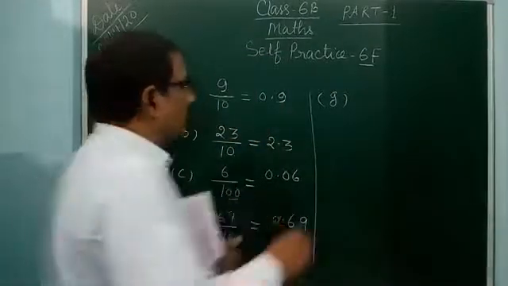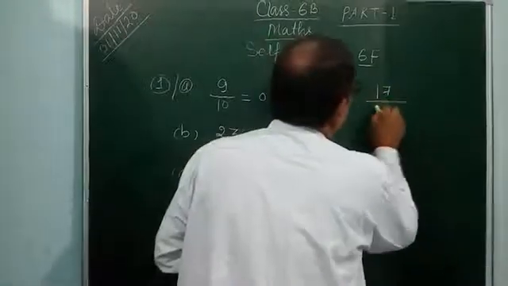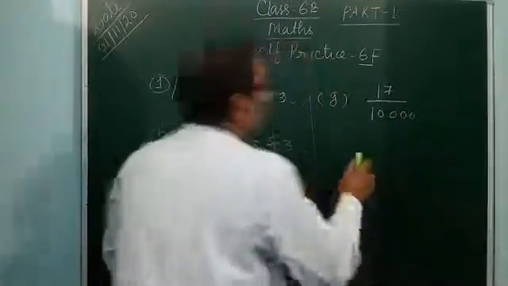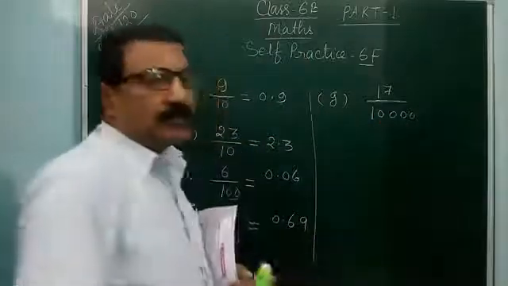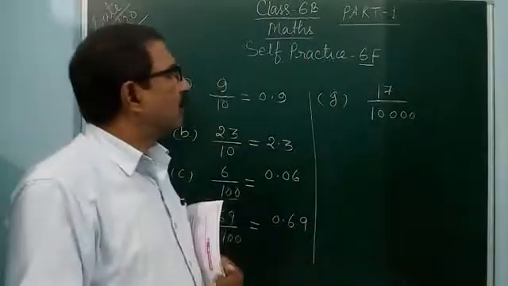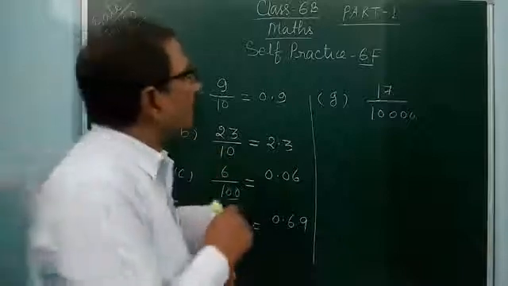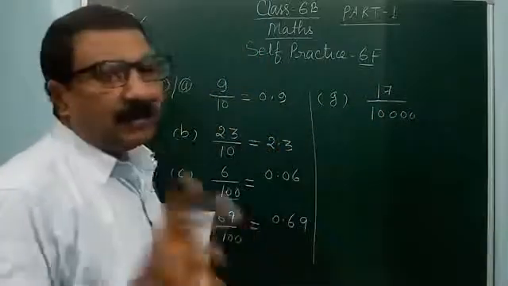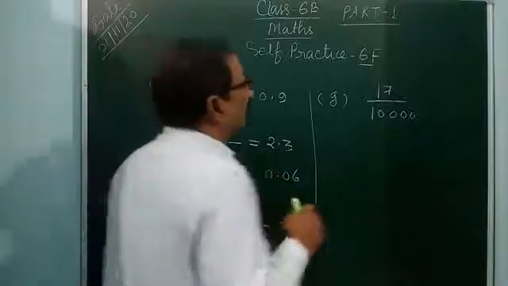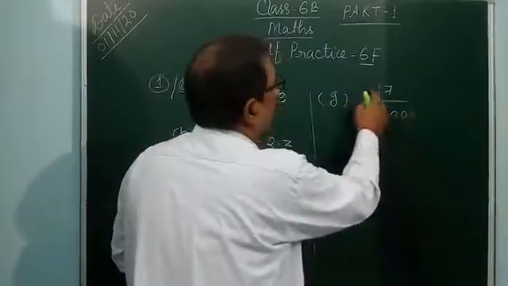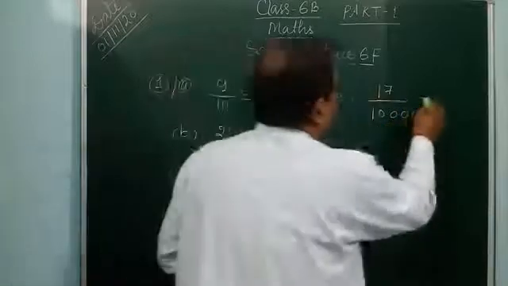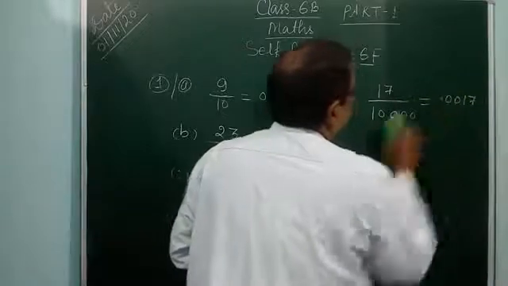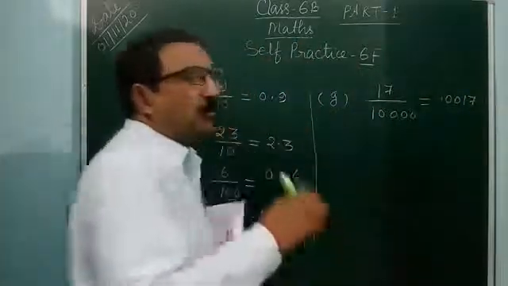17 by 10,000. Denominator is 10,000 and having 4 0, but here numerator is the number having 2 digit only, 17, so you can take 2 0 before 17 and you can put decimal here, 0.0017.